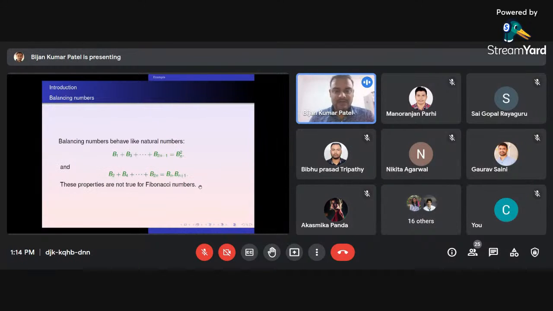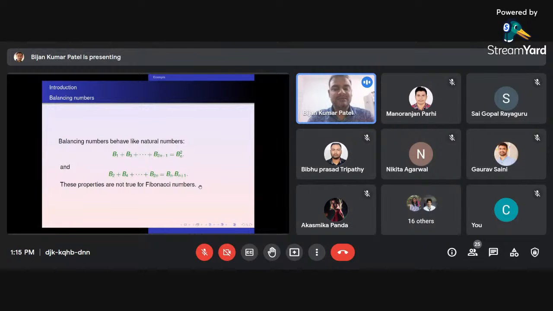And one more property is that balancing numbers also behave like natural numbers. We know that the sum of n odd numbers, 1 plus 3 up to 2n minus 1, is n square. If you do the same thing with the balancing sequence, b1 plus b3 up to b2n minus 1 gives you bn square.